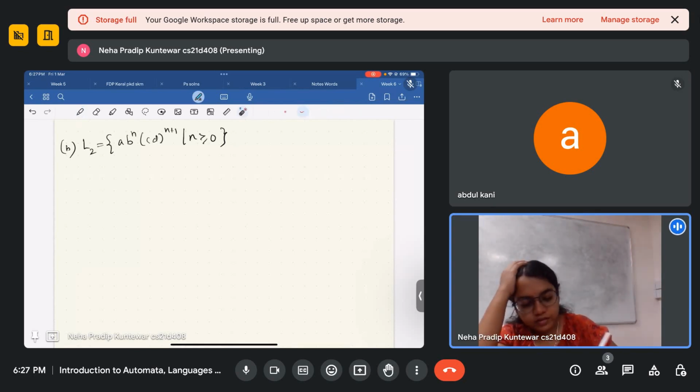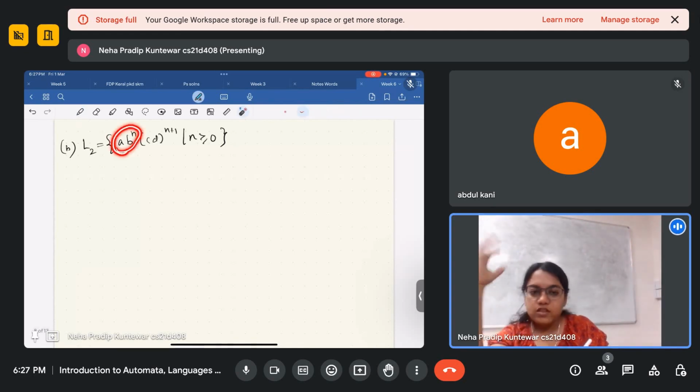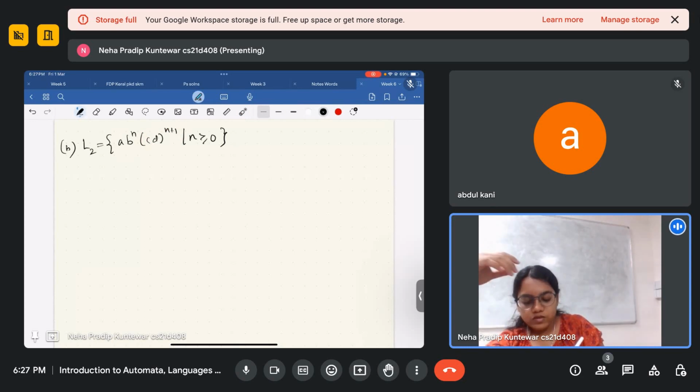So the idea is that we somehow want to take the first n plus 1 length part of it and map it to zeros, and take the second part of it and map it to ones. So what is the obvious homomorphism?